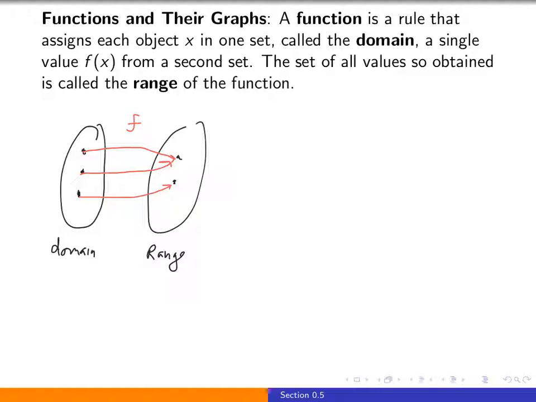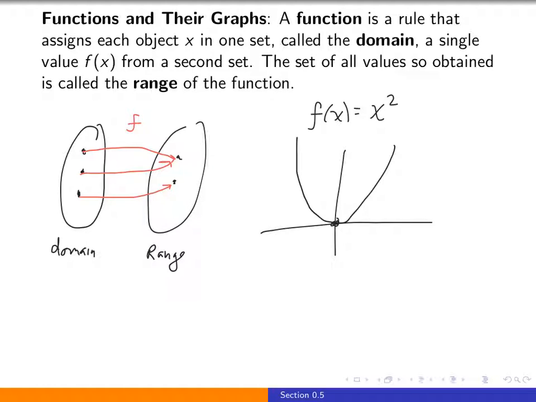From a more graphical perspective, something that we've encountered is f of x equals x squared. Its graph is this parabola opening upward with the vertex sitting at the origin. So the domain of the function is where we're getting our inputs. What does it make sense to plug into the function?